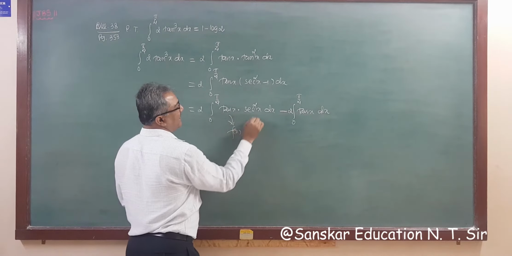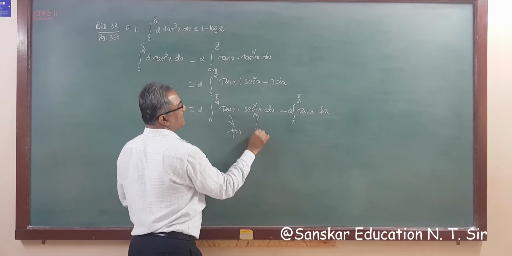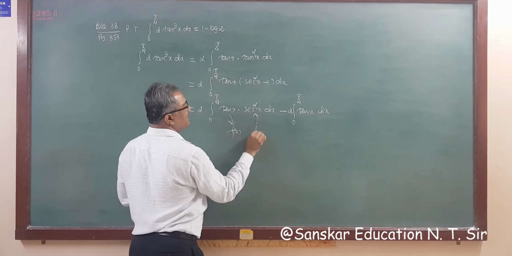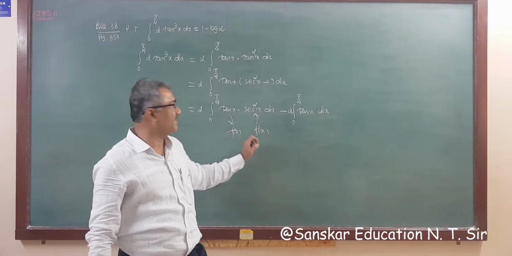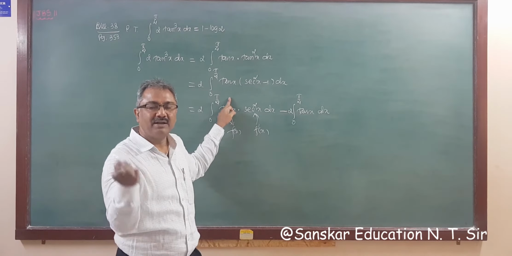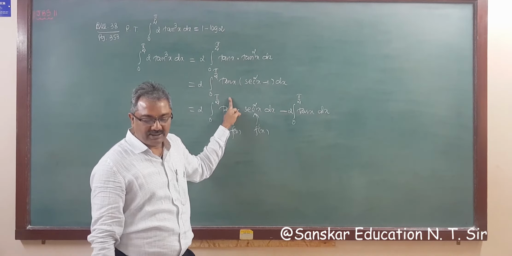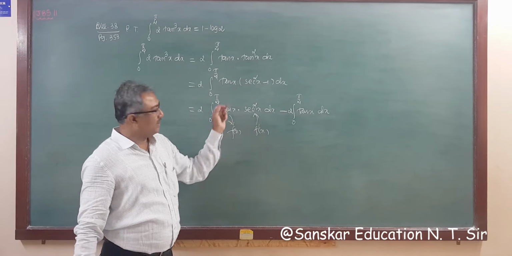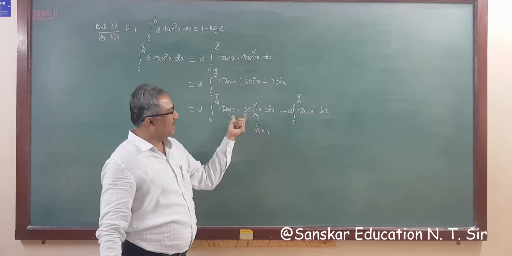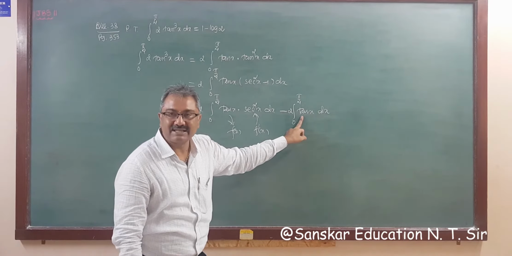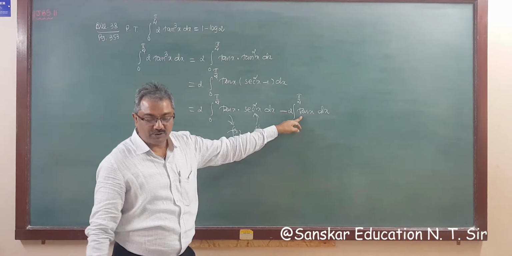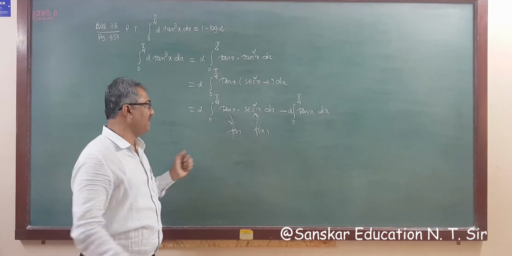The derivative of tan x is sec square x, which is f dash x. So the f(x) into f dash x formula applies, where f(x) is raised to the power n plus 1, one power increased. And the integration of tan x is log mod sec x, that you have to apply.